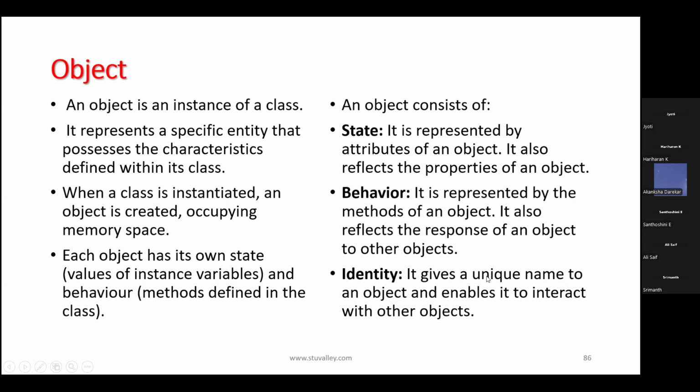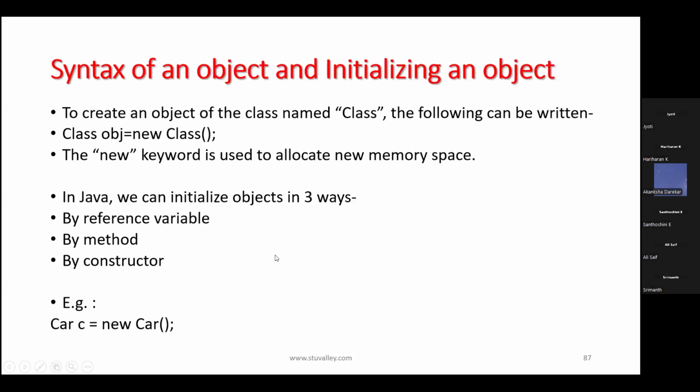Now we will see how to create and initialize an object. To create an object of the class, the following can be written. ClassName is the name of the class. Object is the name of the object you want to give. Equal to, we use the new keyword here to create or instantiate the object.